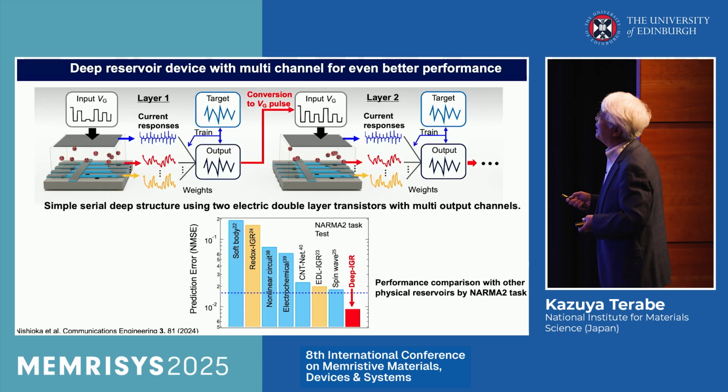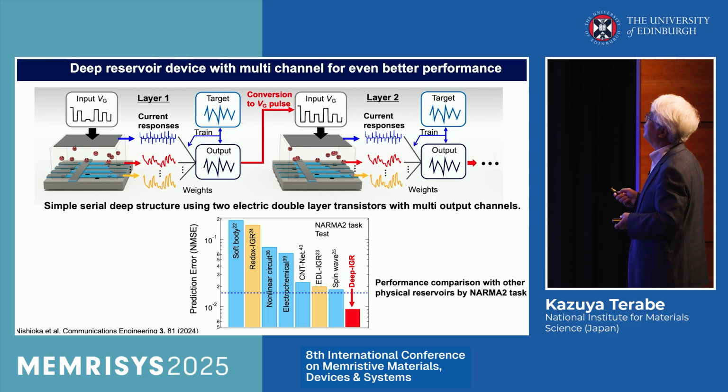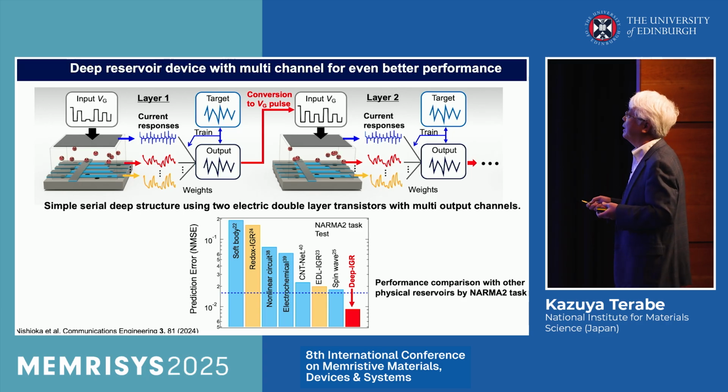So this is a reservoir device with multi-channel for even better performance. This is a simple serial deep structure using two electric double layer transistors with multi-output channel. You can see that this is the output multi-channel, so increasing the dimensionality of the output data.